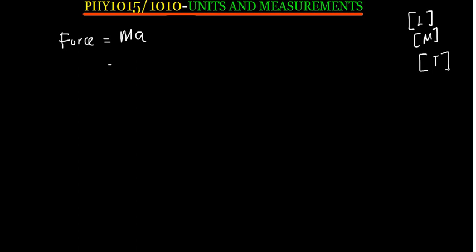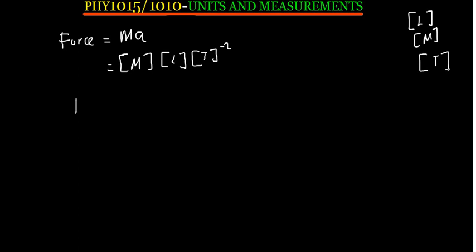Okay, we know that the dimension for mass is M, right? We have already determined the dimension for acceleration, and we saw that was what? L, and then T to the power negative 2.